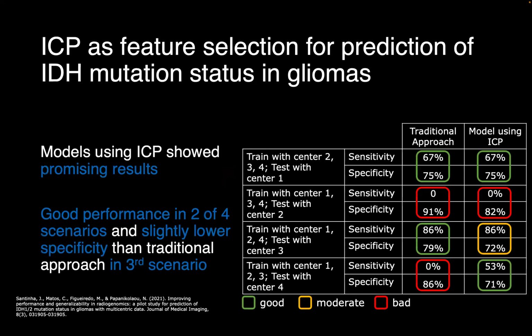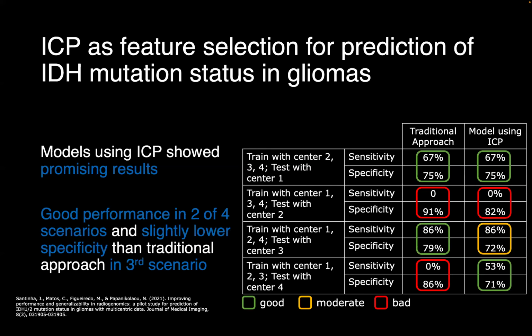And the results that we got were sort of a mix, promising, but still some mixed results nonetheless. What we did was always train with 3 centers and use the held-out center as a test. For 2 scenarios, the performance between the 2 methods matched for the first scenario, and the third scenario was close.